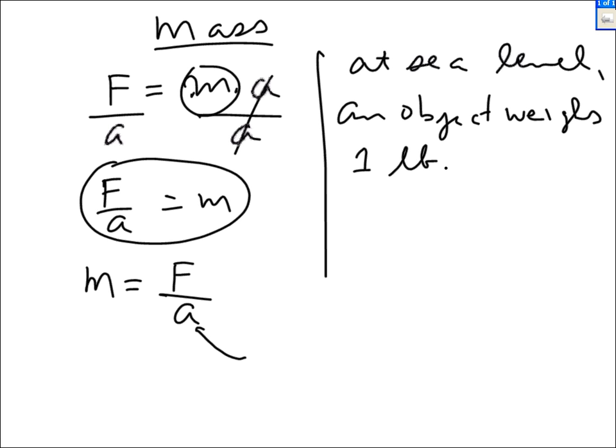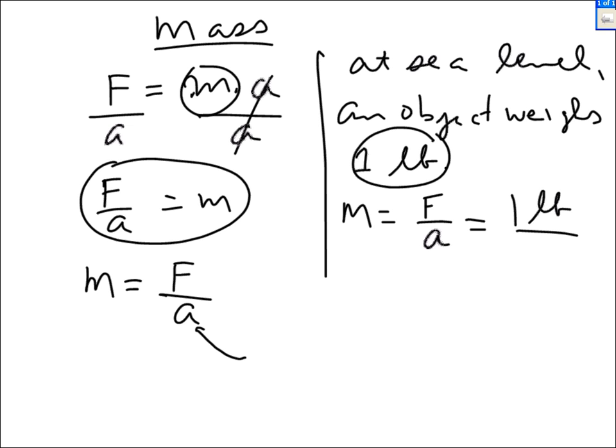How much is the mass? Well, we know the mass is the force divided by the acceleration. The force is the weight, 1 pound. And pound, we're not in the metric system.